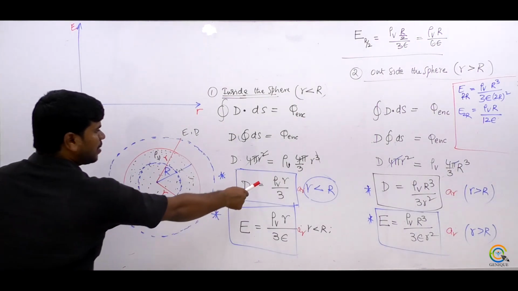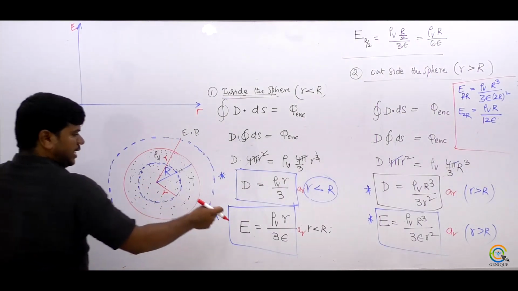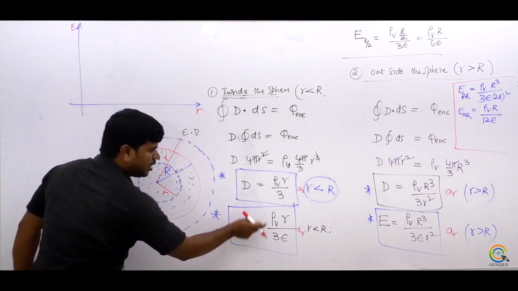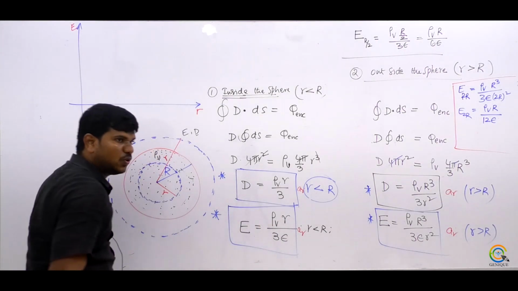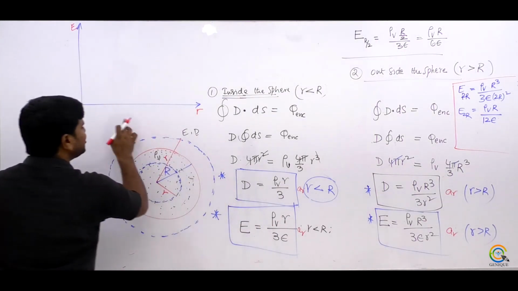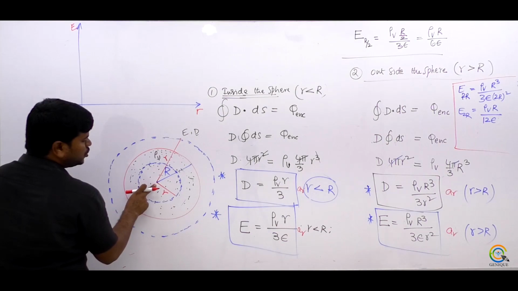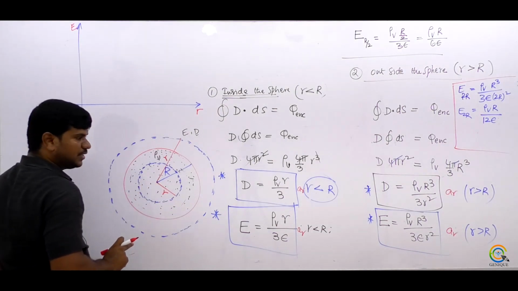I am drawing the electric field intensity versus radius graph, going from 0 to outside of this R.